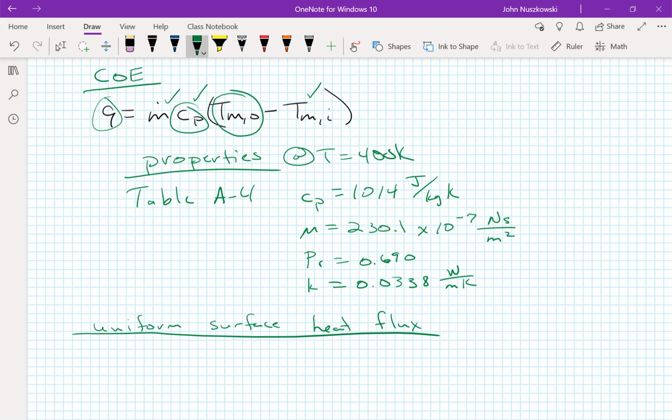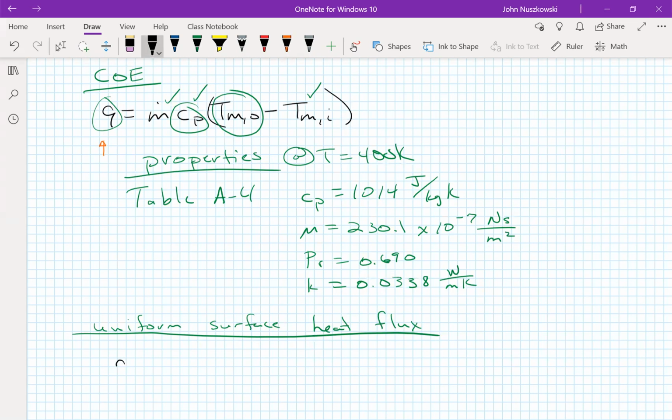If we think of what we have for Q, but the surface heat flux is constant, can we go from that Q to heat flux? Yes. How do we do that? With the area.